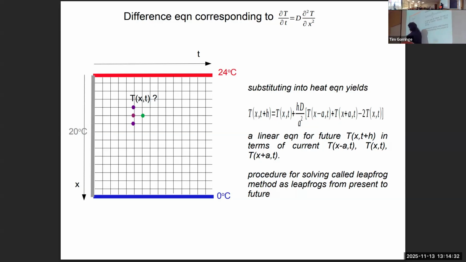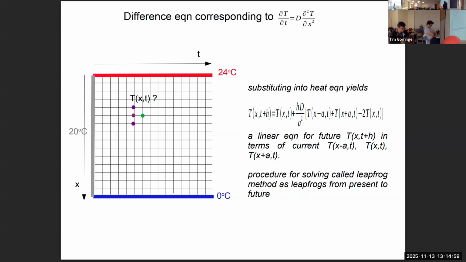This is the function at the future time at a particular location. It's determined by the values of the function, the temperature, at the current time at that location, and also at the neighboring locations.